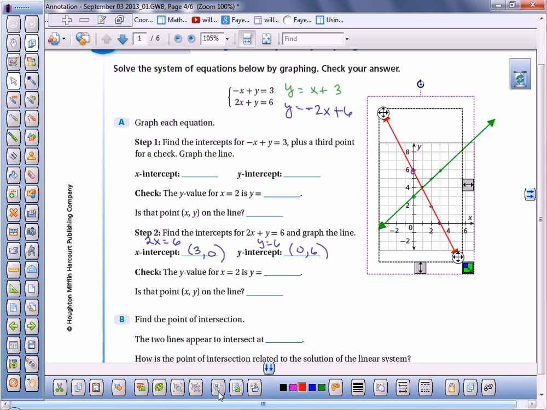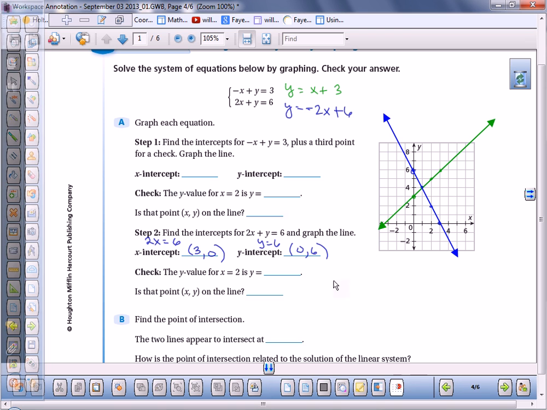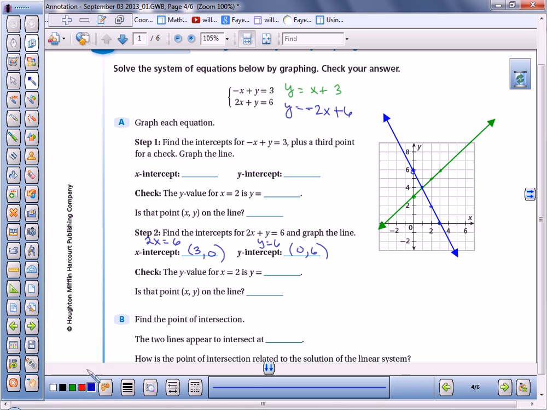Alright, now. Okay, so the solution to the system is the intersection of the points, because the solution is the point that satisfies both equations. The one point that satisfies both equations is the point that lies on both lines, and the point that lies on both lines is the point at the intersection.